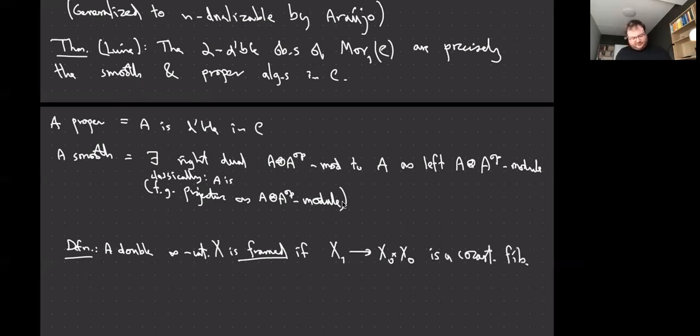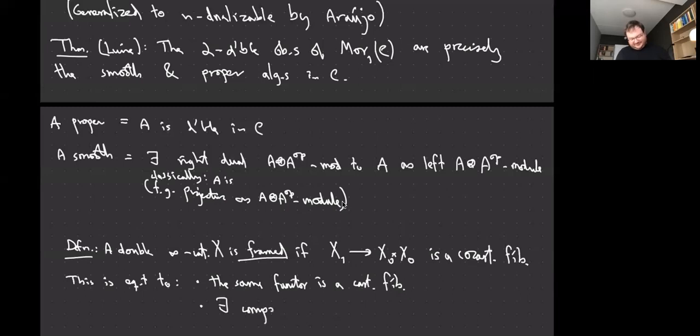And then you can prove that this is equivalent to the same functor being a Cartesian fibration, or there exist, what are these called?